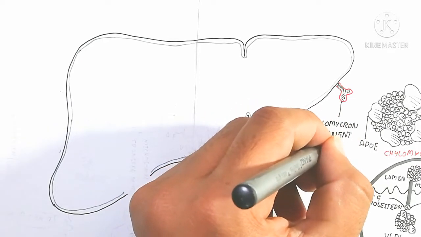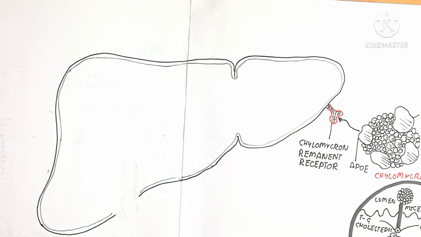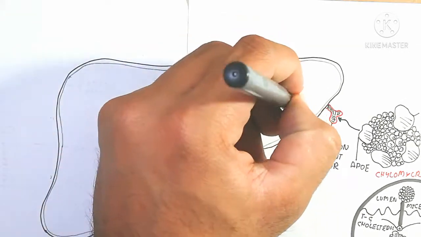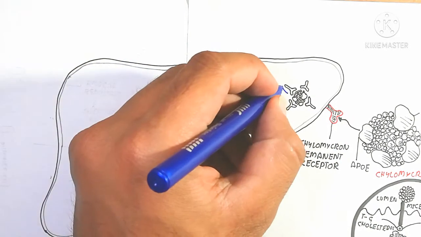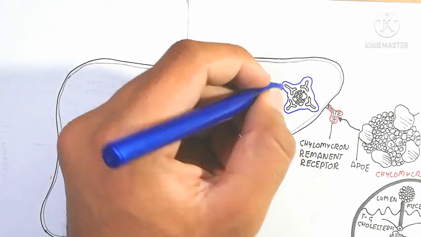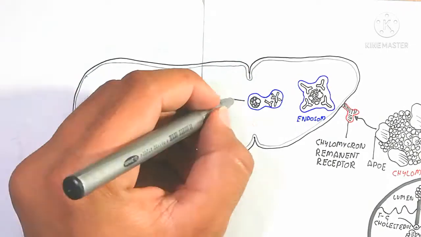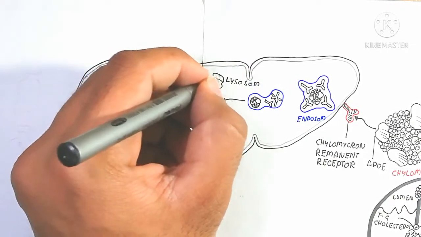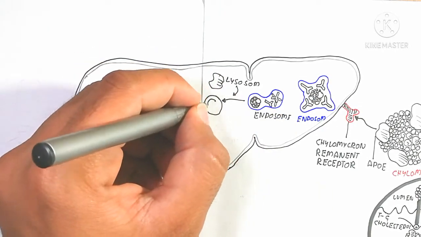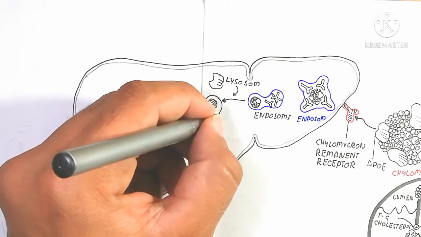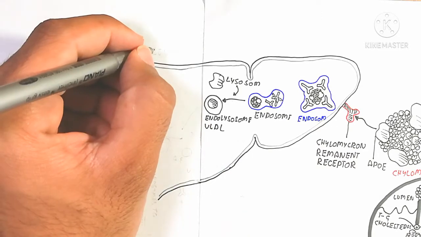This ApoE is used for the chylomicron remnant receptor in the hepatocyte. Here is the hepatocyte, which contains a chylomicron remnant receptor, also known as the LDL receptor. When it enters, the receptor contains a vesicle that is endocytosed. This is endocytosis, and the type is phagocytosis because it is a solid particle, not liquid.